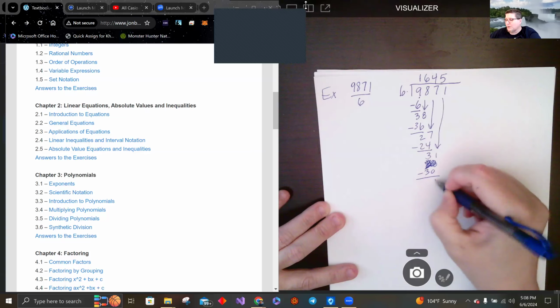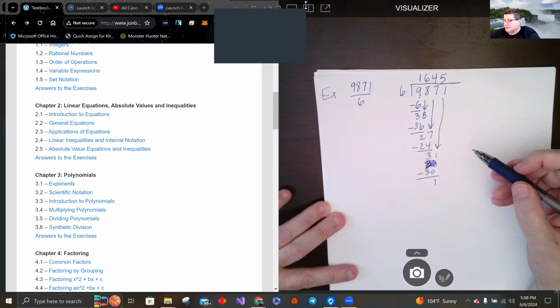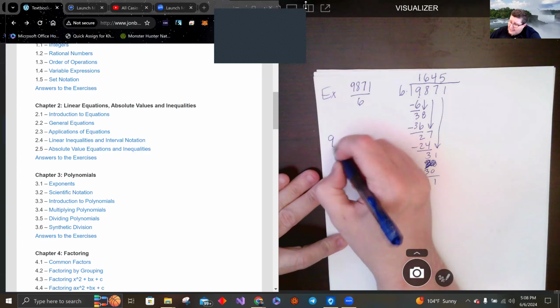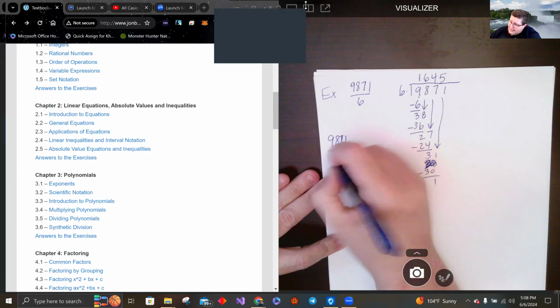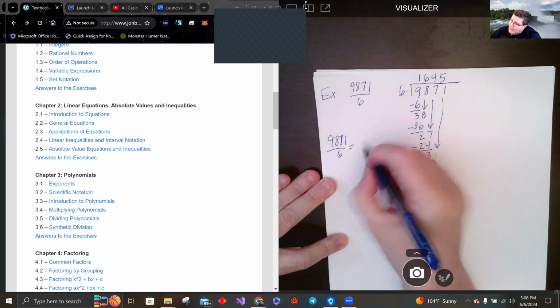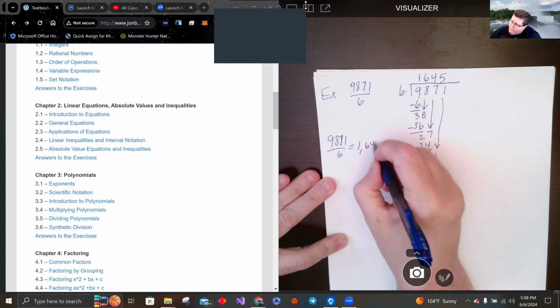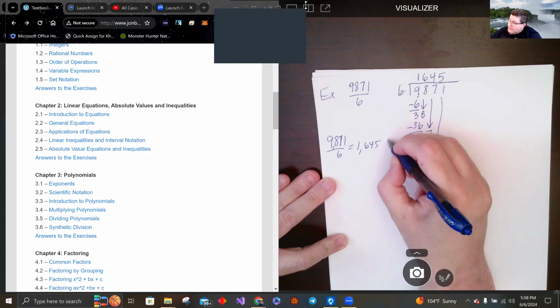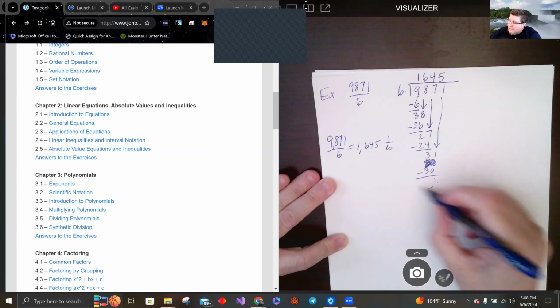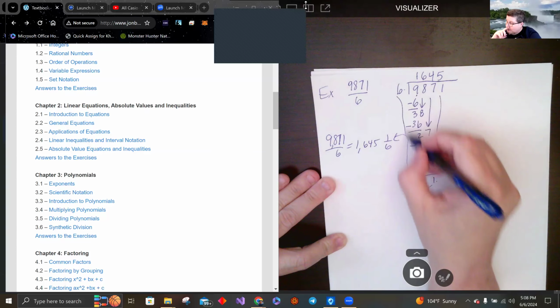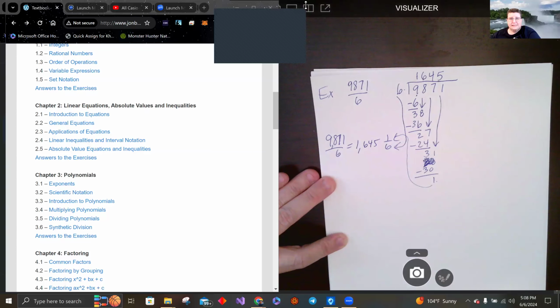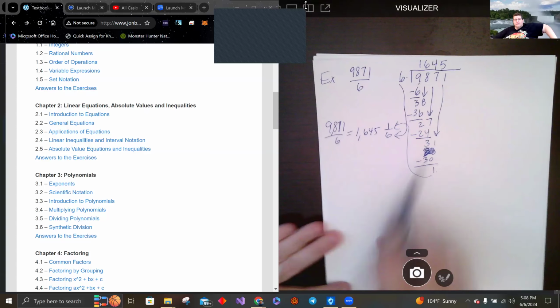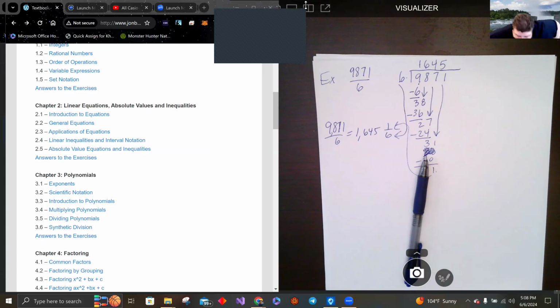We subtract, we get 1. 9871 divided by 6 is 1,645 and 1/6. So the remainder goes on top of the old denominator. That's how it would be with regular long division.